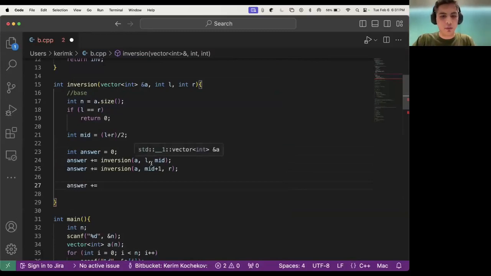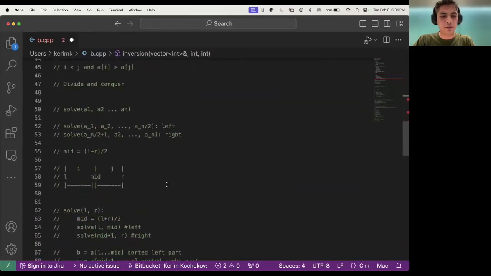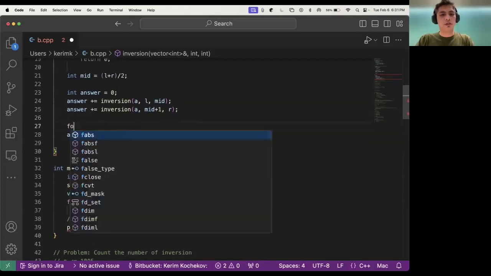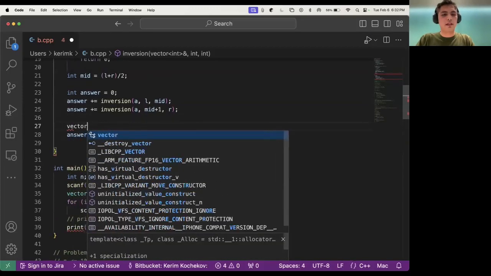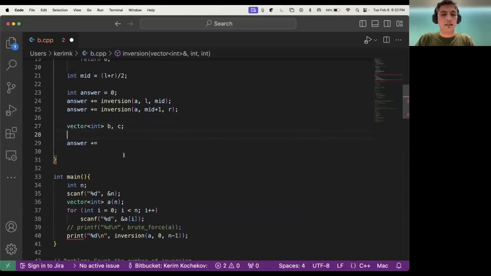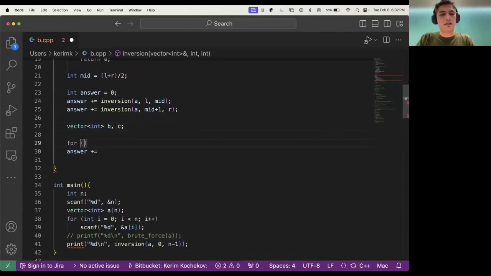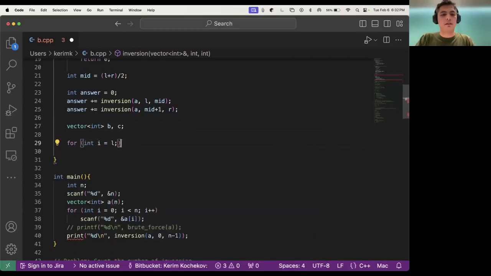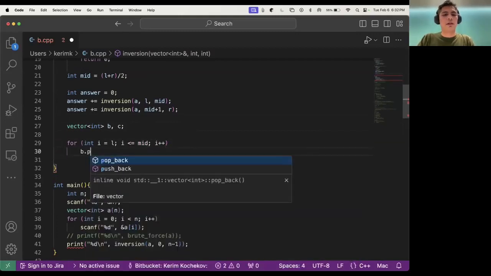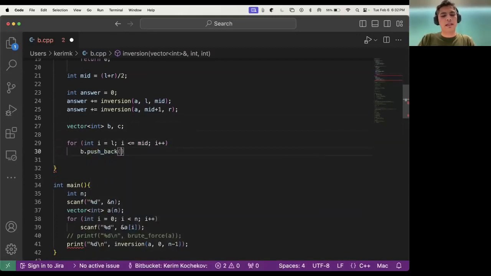So here we need to create our B and C arrays. As we said, B is the left part, C is the right part, and both of them are sorted. So we just need to have two vectors here, B and C. B would be the left part, so start i from l to the midpoint, with push_back. Push_back is appending an element to the end of the vector.